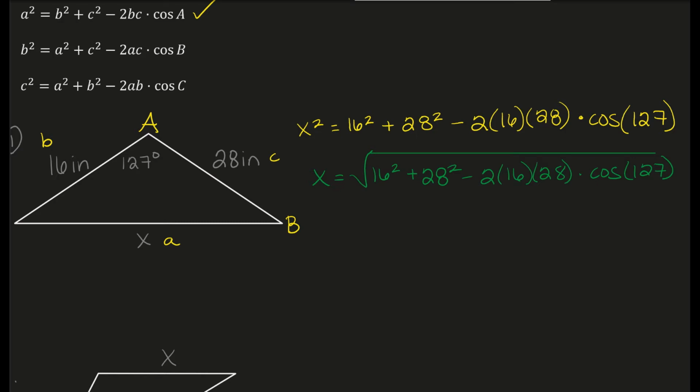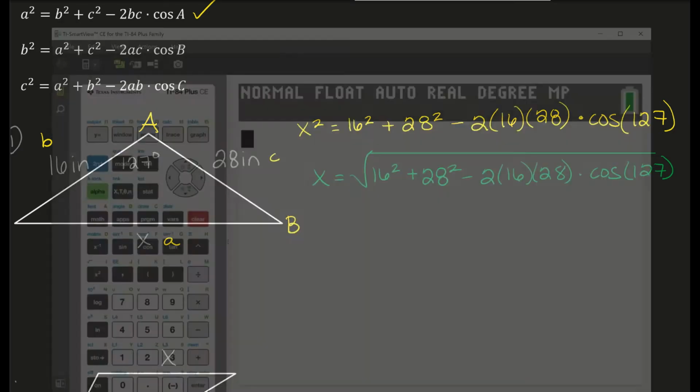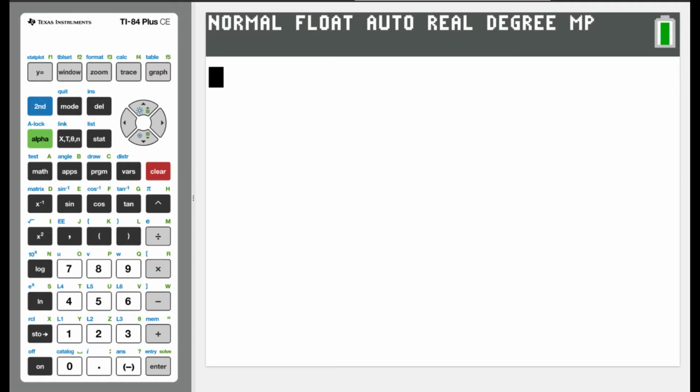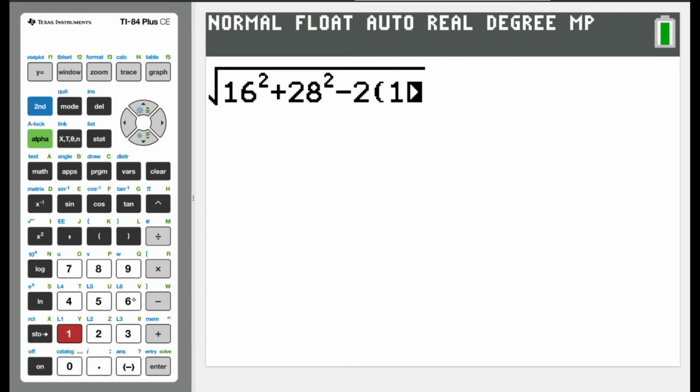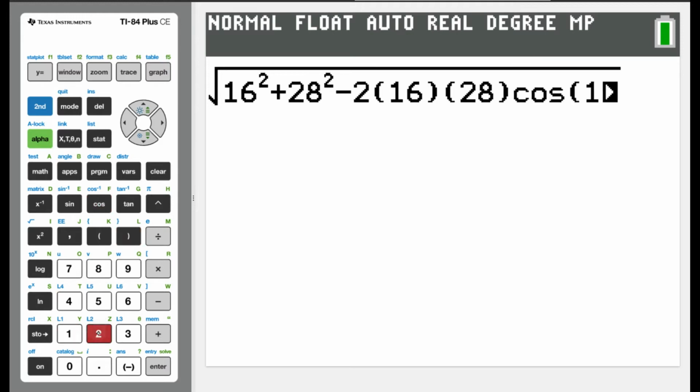Now, if we want an approximation on this, we can put that in our calculator. So here, if you want the square root, you have to hit second and then your x squared key. And now we'll type this whole thing in. So we'll say 16 squared plus 28 squared. We'll subtract 2 times 16 times 28 times the cosine of 127.